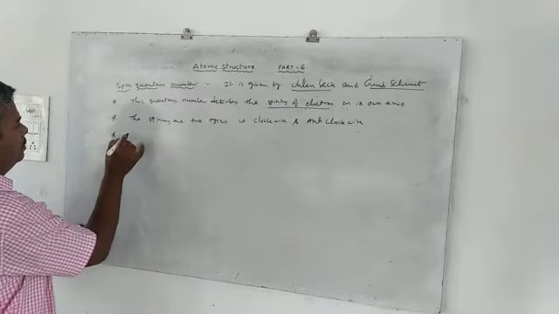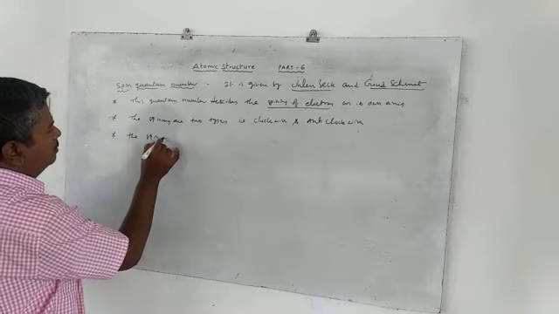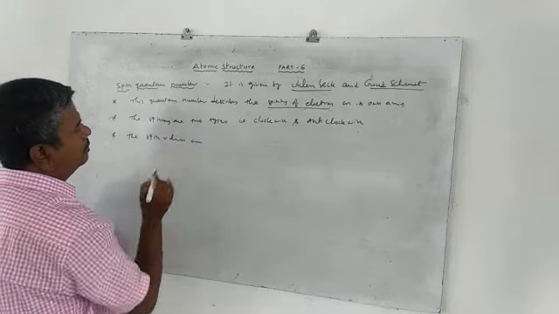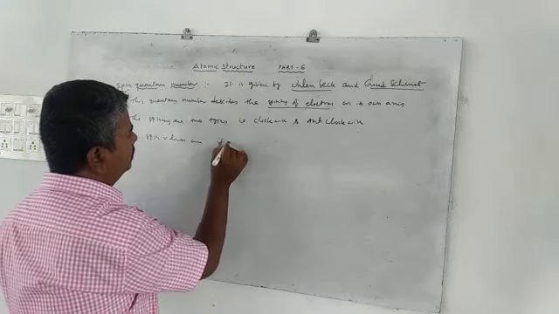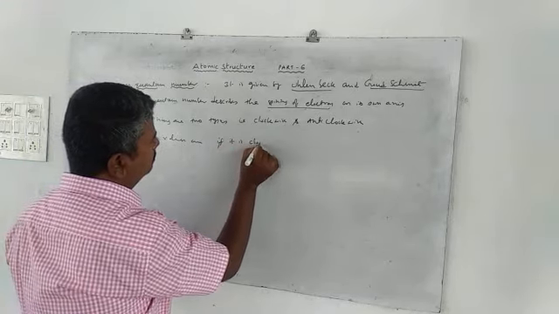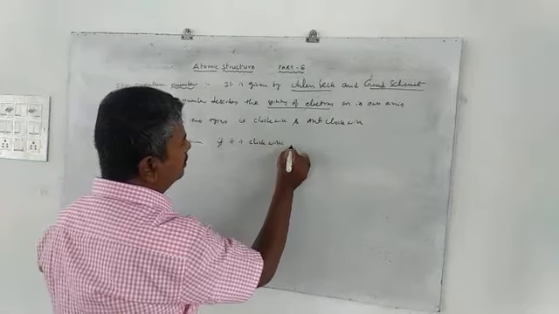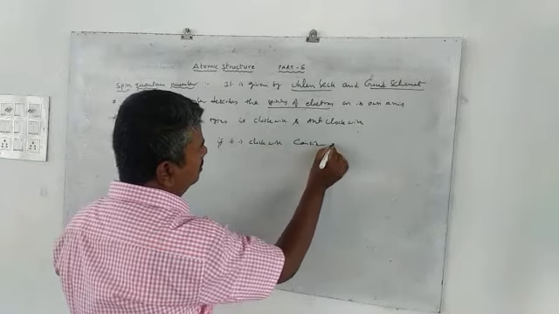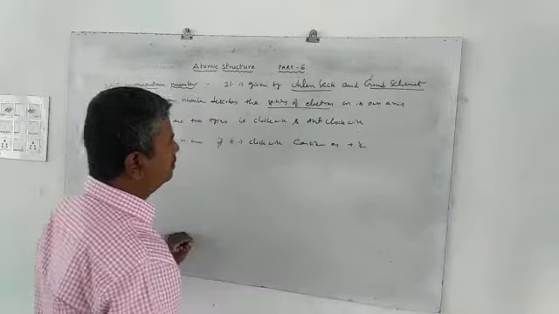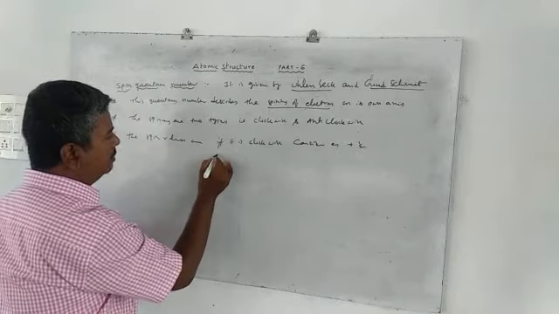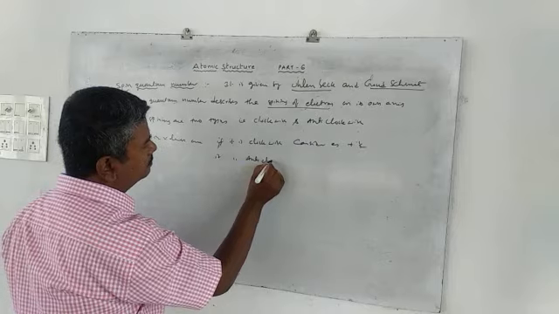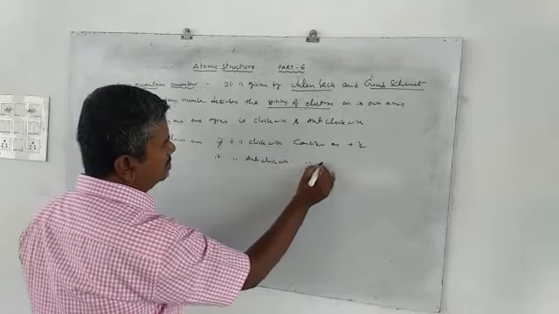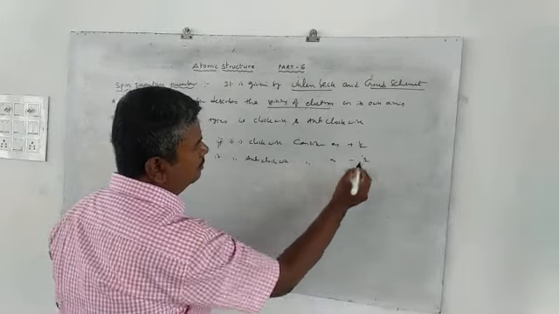So the spin values are, if it is clockwise, consider it as plus half, as well as if it is anti-clockwise, consider it as minus half.